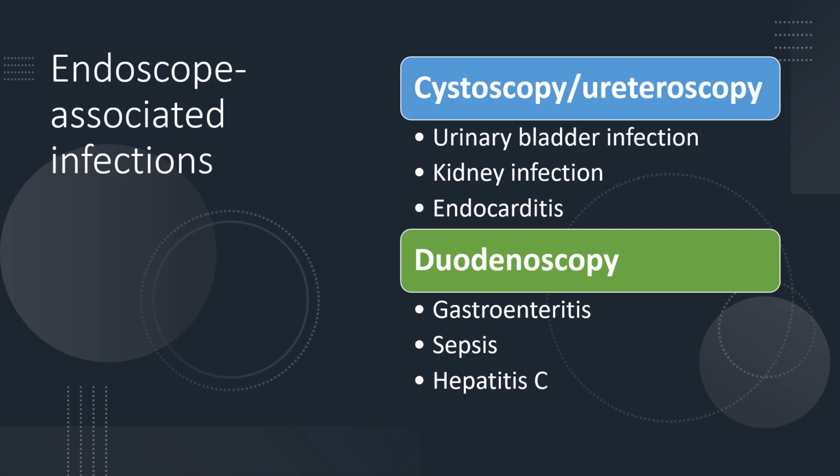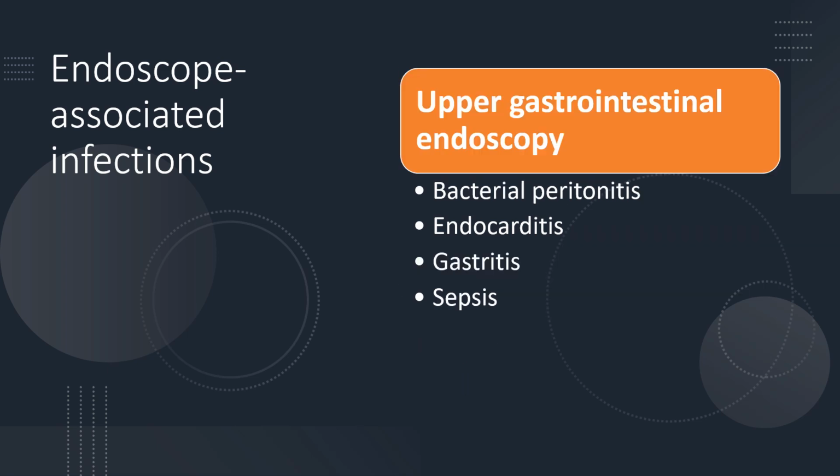So inflammation within your stomach or intestines. Sepsis, which is full body shock, is also possible, as well as hepatitis C. For upper gastrointestinal endoscopies, so talking about your stomach specifically, the potential for different types of infections are bacterial peritonitis, endocarditis, gastritis, and sepsis.